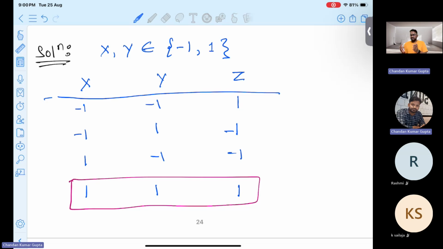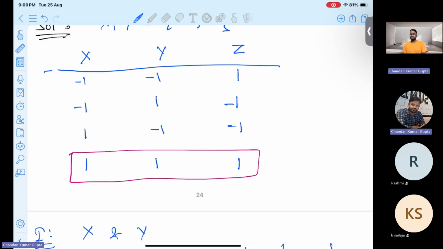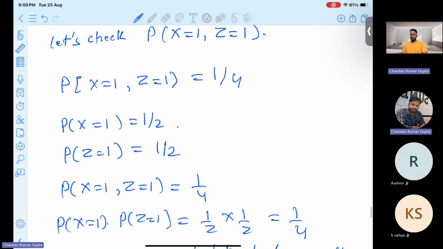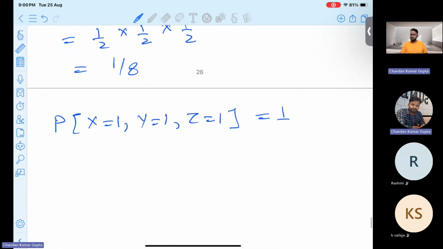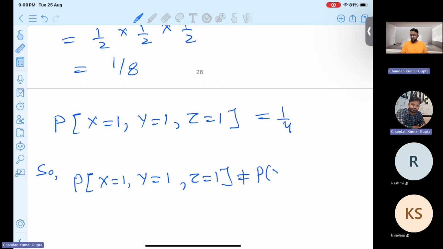Or you can see that since x and z are associated with y, if x is equal to 1, z equal to 1, then y must be equal to 1. So from there also, you can directly calculate this value and it comes out to be 1 by 4. So the probability that x equal to 1, y equal to 1, z equal to 1 is not equal to the probability that x equal to 1 into the probability that y equal to 1 into the probability that z equal to 1.